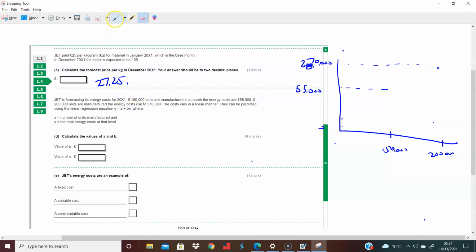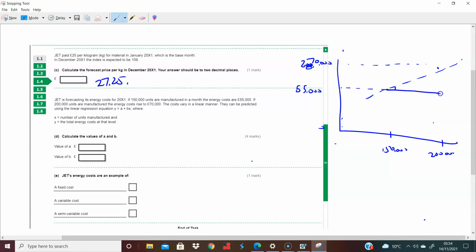Now, we simply apply what we know about the high-low method. What we're really looking for is, with the production of one extra unit, how much does the cost increase?